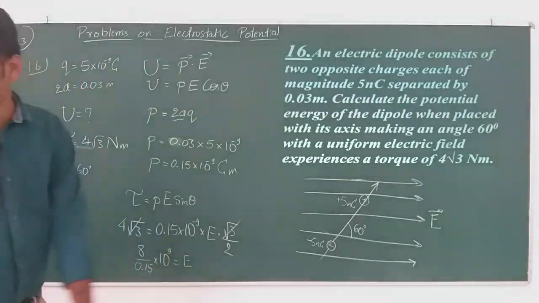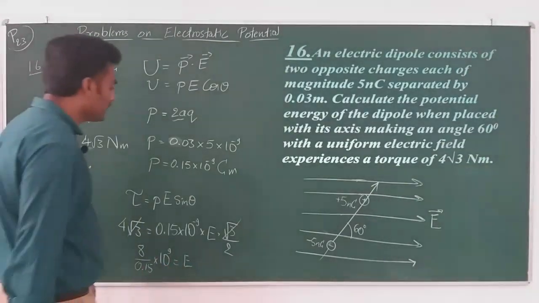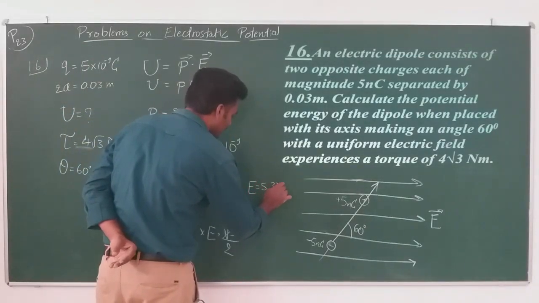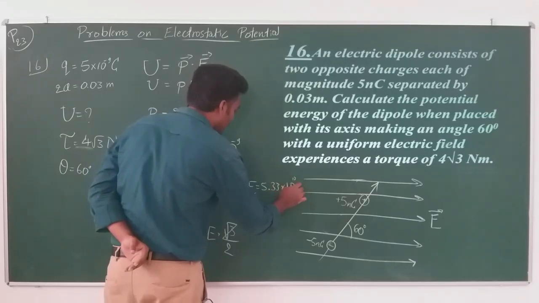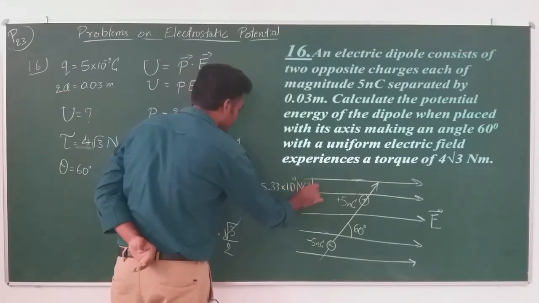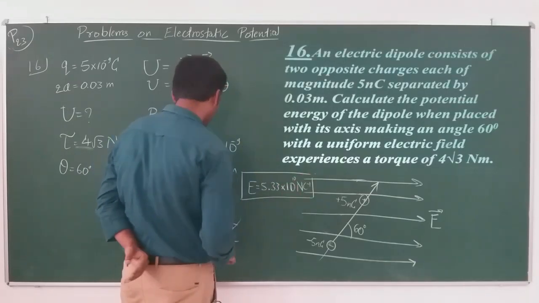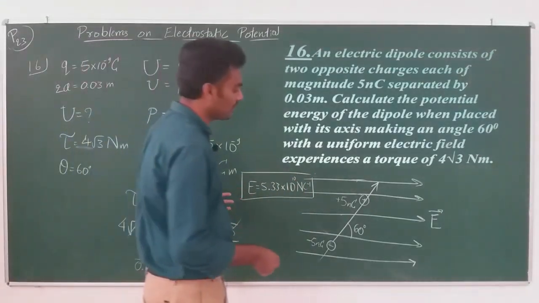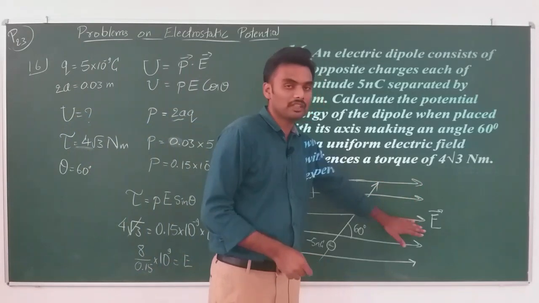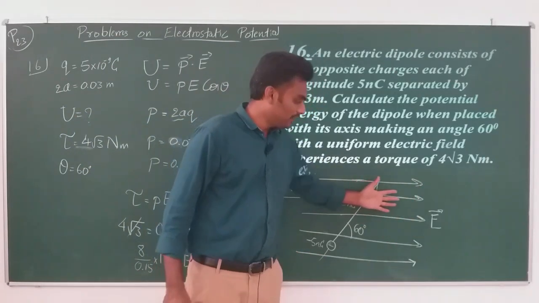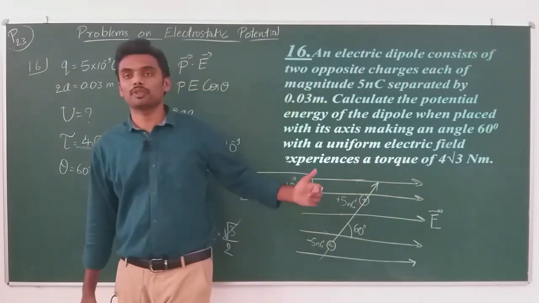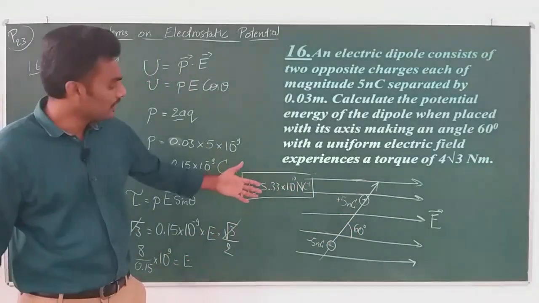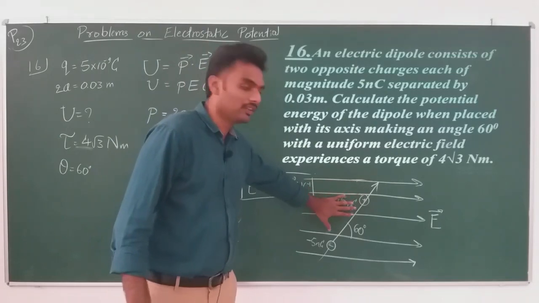E is equal to 5.33 into 10 to the power of 10 Newton per coulomb. This is the amount of electric field present in this region.